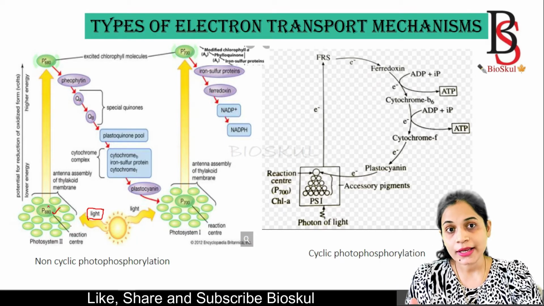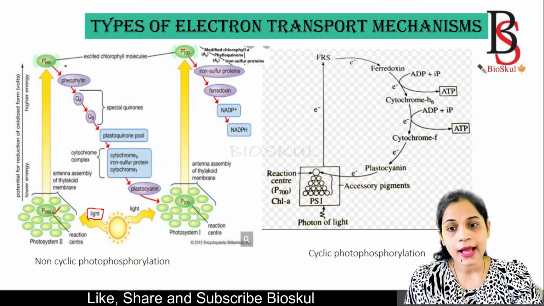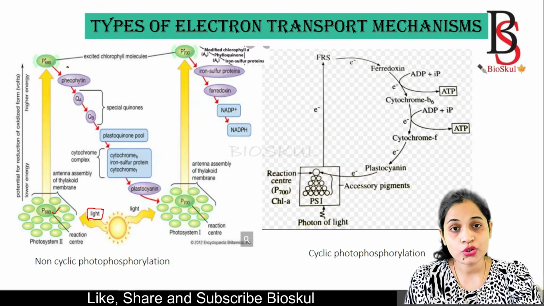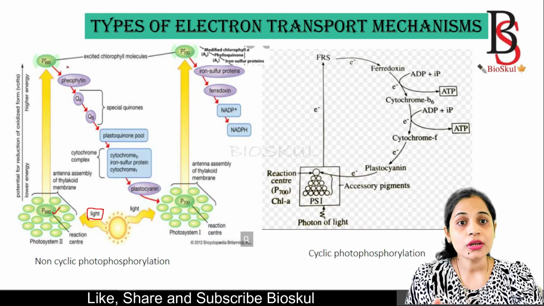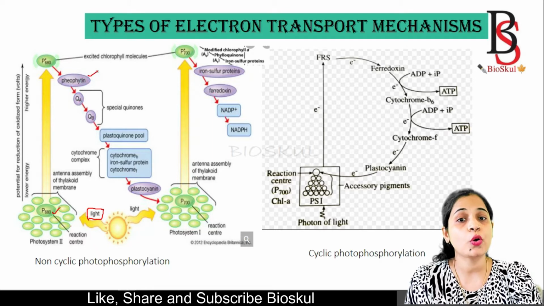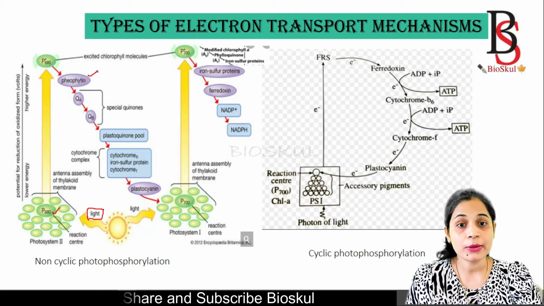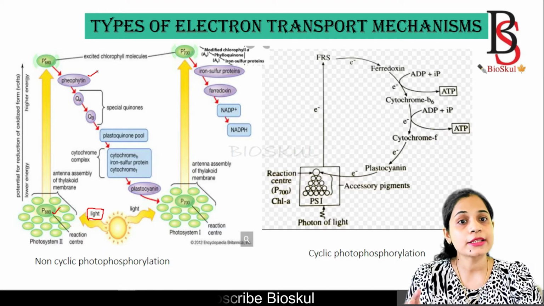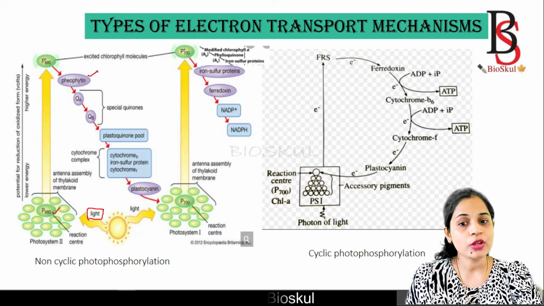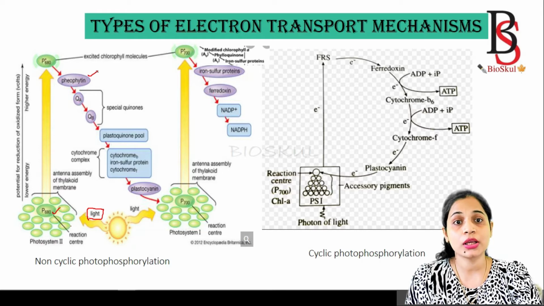Now the reaction center gets excited and the electron is transported to the electron acceptors. The first electron acceptor of non-cyclic photophosphorylation is pheophytin. Which one is the first electron acceptor? That is pheophytin. Then from pheophytin, it will move to the quinones.